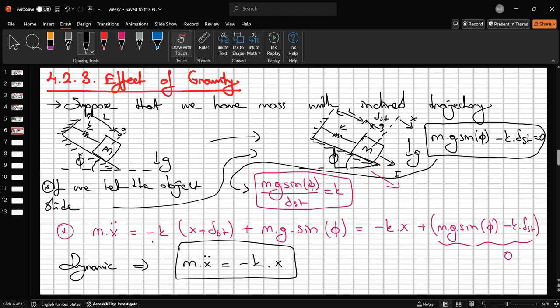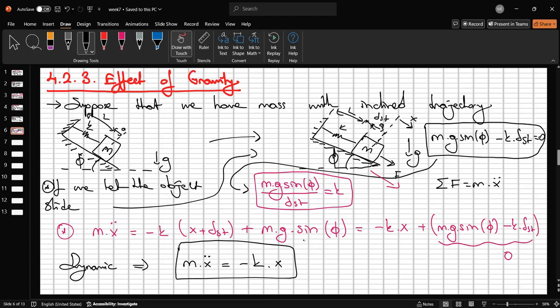In this case, just remember the previous lesson, we have the sum of F is equal to m x double dot, right? This is Newton's law. And so we need to write all the forces in here. We have some forces from the gravity, and also forces from the K spring factor in here, right? But these forces go downside. The K force is upside, and so the K force must be minus. The other one is positive, right?